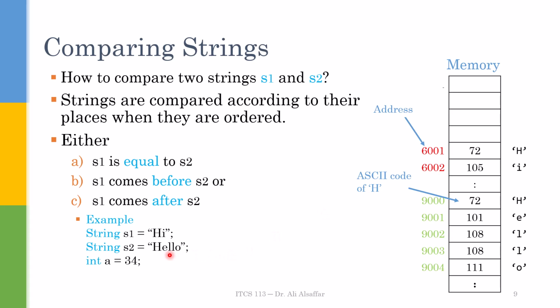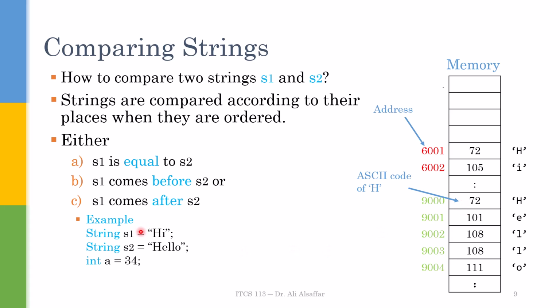And the second data, which is hello, is saved at address 9000, and E is saved at 9001, and so on. The numbers inside the memory are byte-wise, they are the ASCII codes. So 72 is the ASCII code of H, 105 is the ASCII code of I. So the data for the strings are saved in the memory at certain locations.